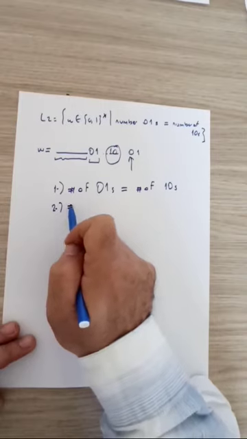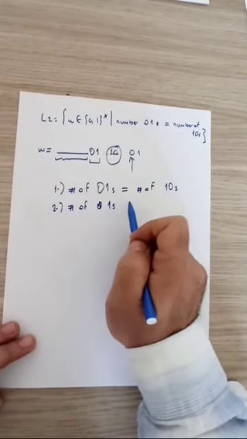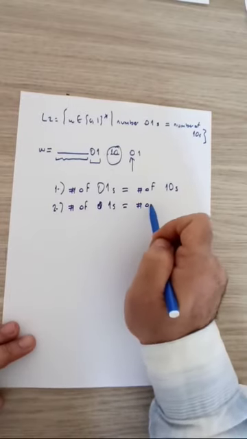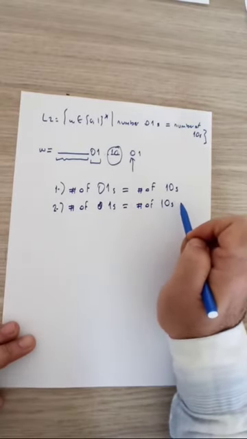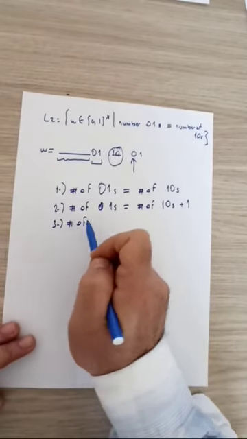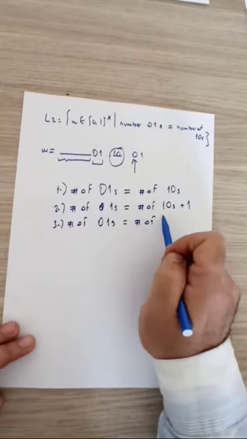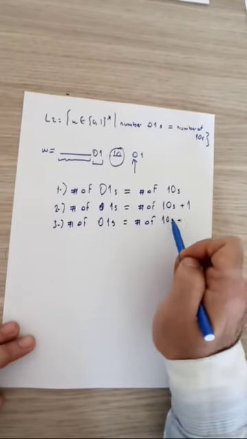Two, the number of occurrences of 0 1s is 1 more than the number of occurrences of 1 0s. Finally, the number of occurrences of 0 1s is 1 less than the number of occurrences of 1 0s.